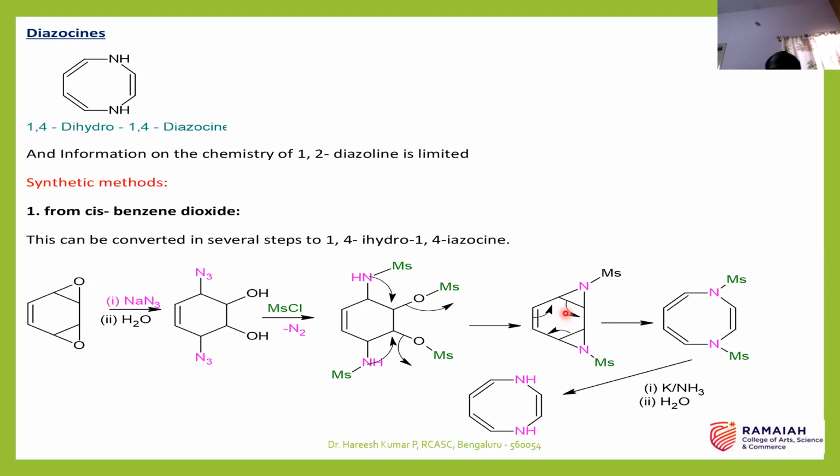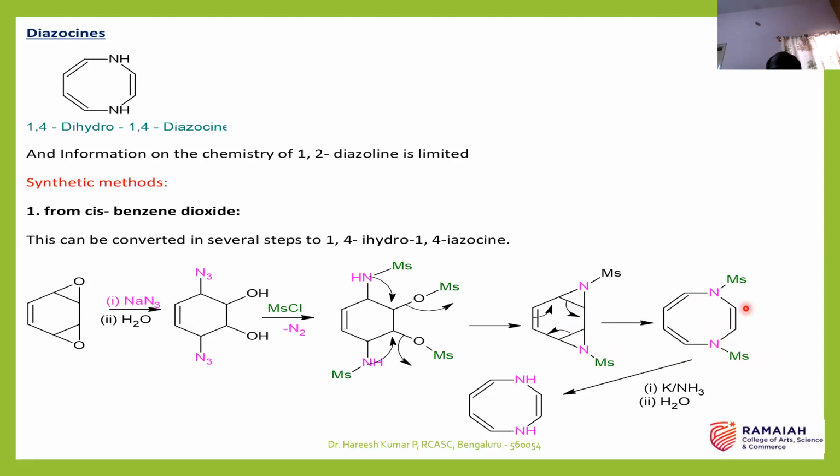That means ring opening or ring expansion, giving rise to an 8-membered ring. And this is MS. MS means methane sulfonyl chloride. That means there will be a bond between nitrogen and the SO2 group, and then the methyl group.